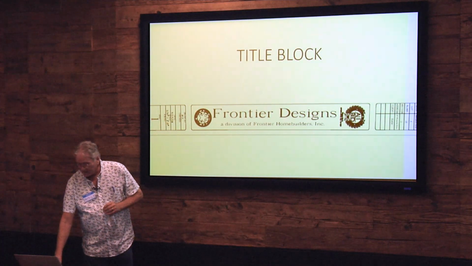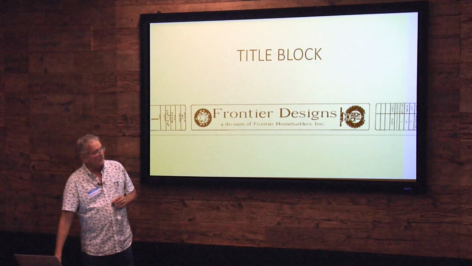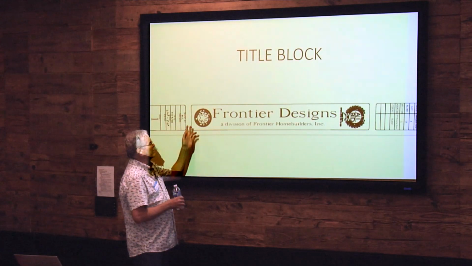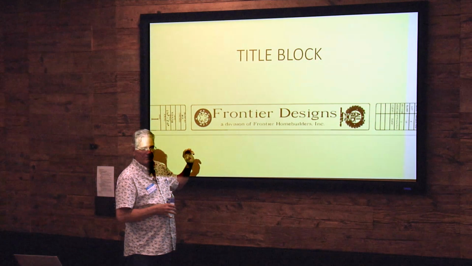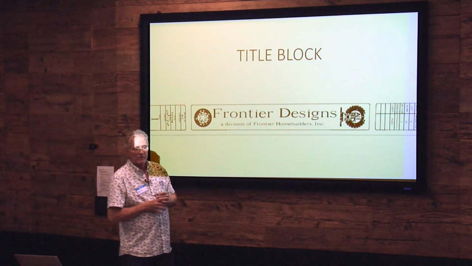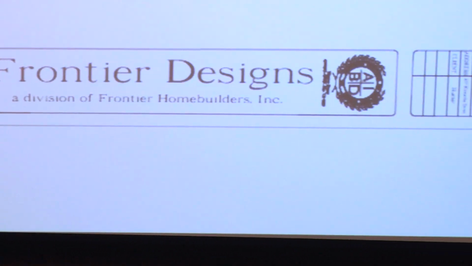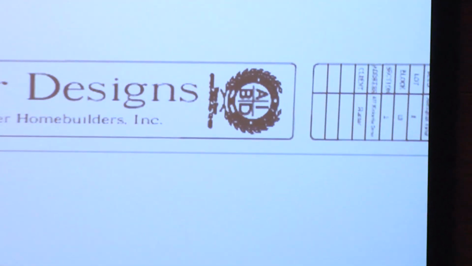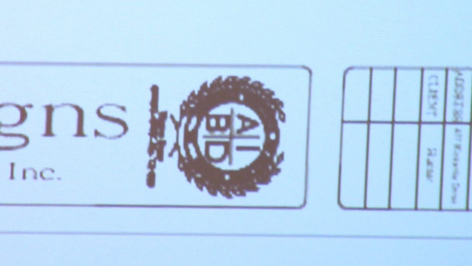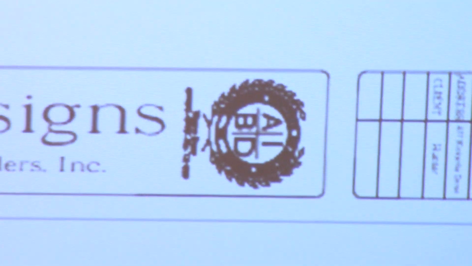There's that title block again, turned to a direction we can all read. But that does have a lot of information. Now these symbols here, you see the one on the right, well, both of them are really symbols of designers. AIBD, that's a designer symbol, which is very different from an architect symbol. I probably have some architect symbols, but I've got one on this plan right here. This was done by an architect.